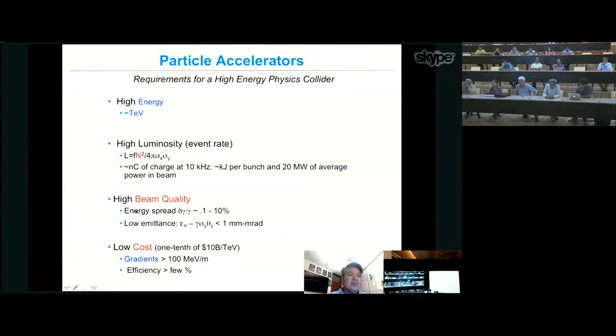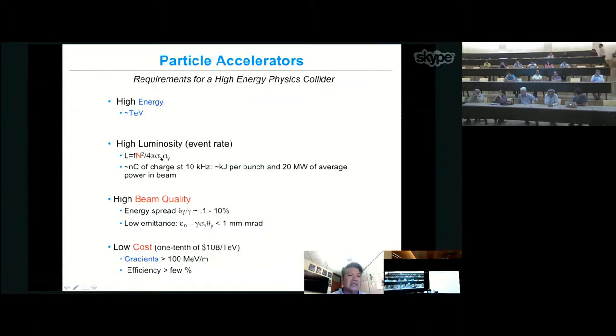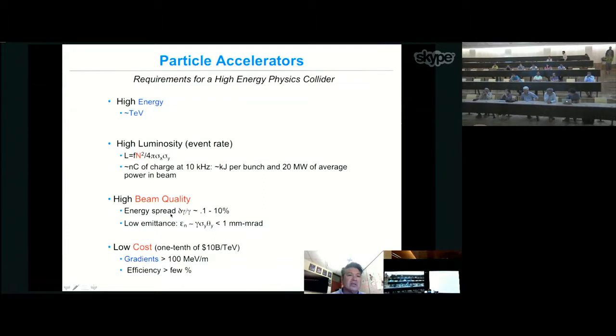You need high beam quality. The energy spread of the beam has to be between 0.1 and 10%. And you need very low emittance such that you can focus the beams to very small spot sizes to get this luminosity large, which means the normalized emittance, which I'll come back to, needs to be less than a micron, or a millimeter milliradian.